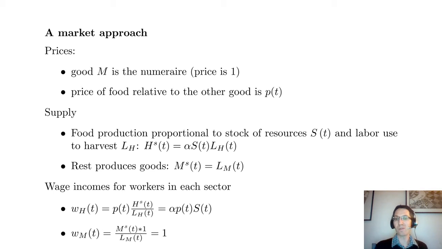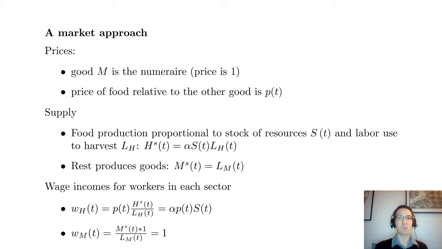It's whatever a worker can produce multiplied by the price of that production. To know how much a worker can produce, it's the total output of the island, HS, divided by the total number of people who work in that production, LH, multiplied by the price of 1 unit of food, which is PH.